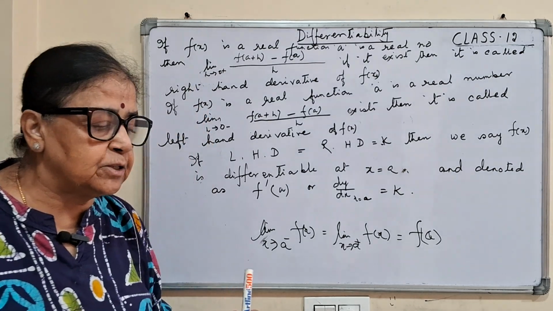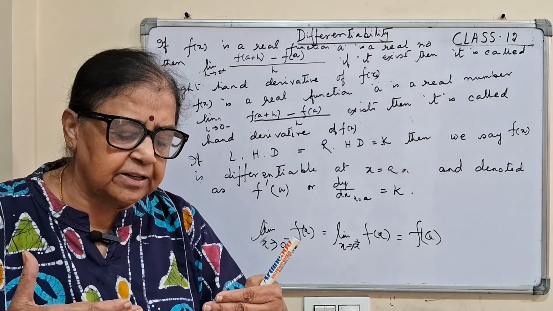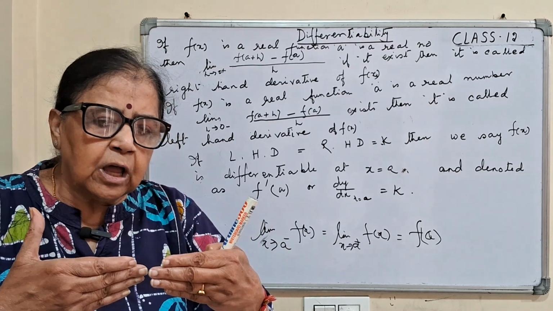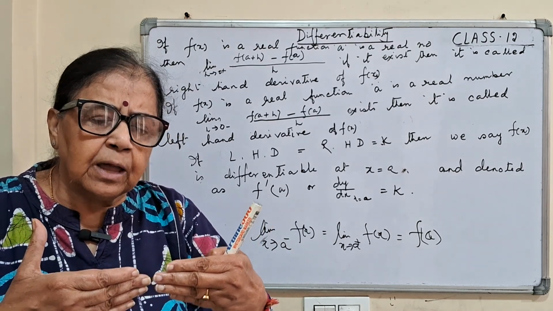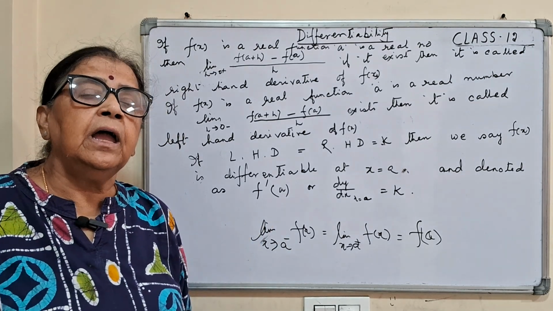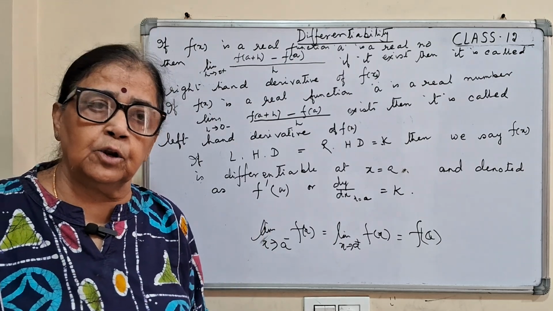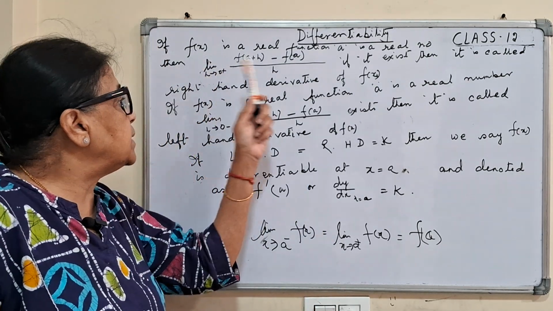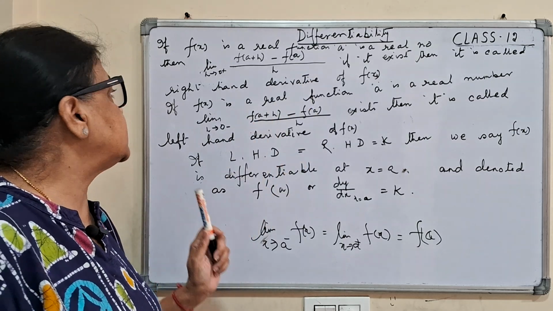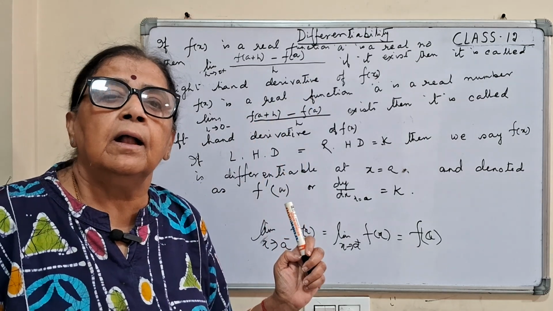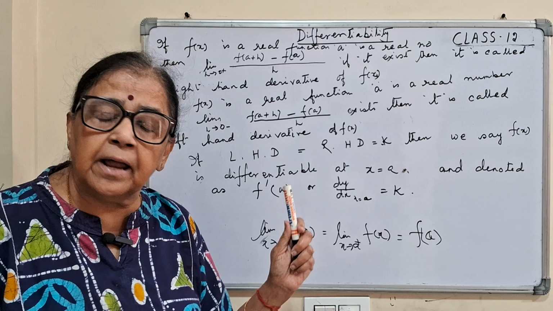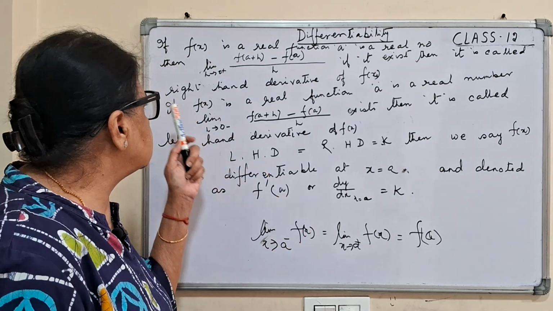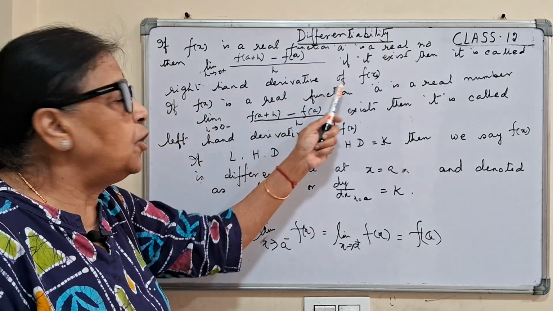What do you mean by tends to 0? It means we will not touch, but their distance will tend to 0, not exactly 0. If it exists, then it is called the right hand derivative of f(x).